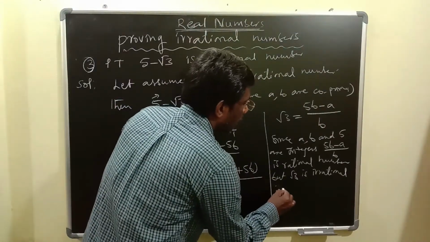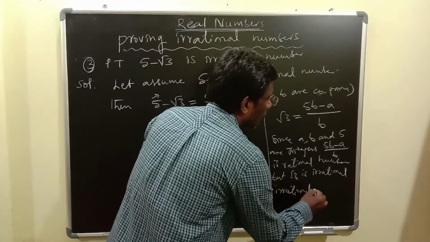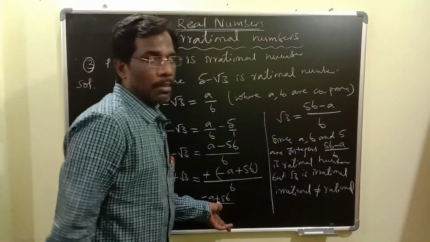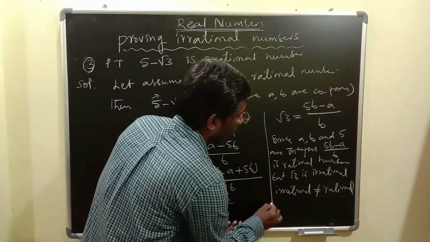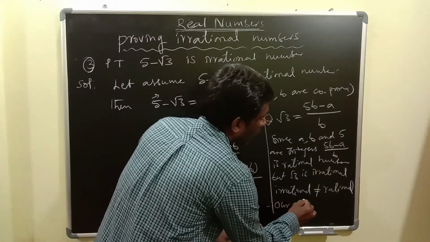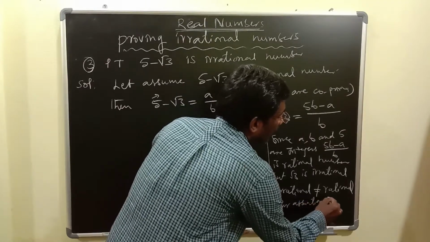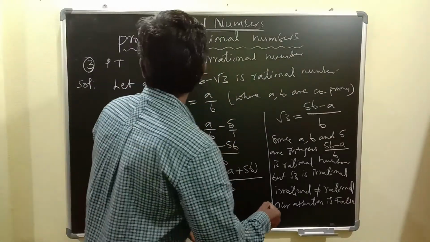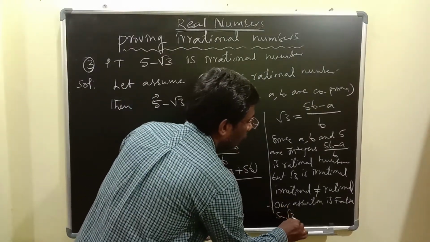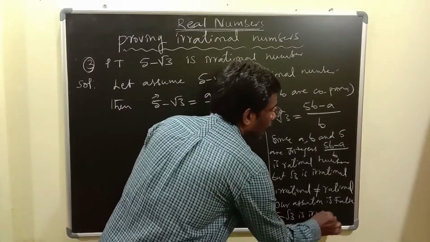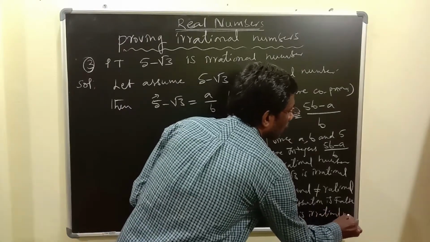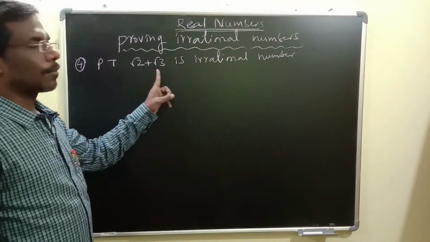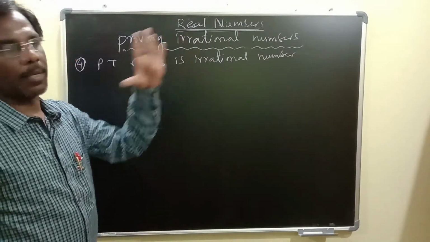So irrational is not equal to rational number. So therefore our assumption is false. What they gave in the question, that is correct. What is that? 5 minus root 3 is an irrational number. Now the question number 4, prove that 2 plus root 3 is an irrational number.